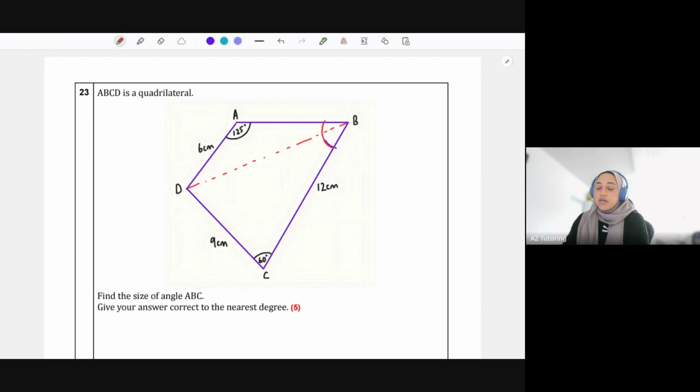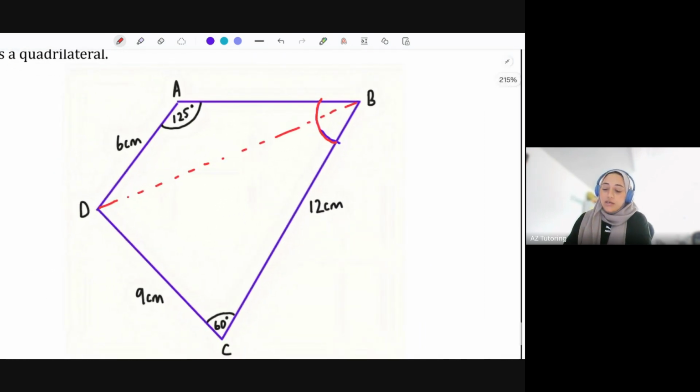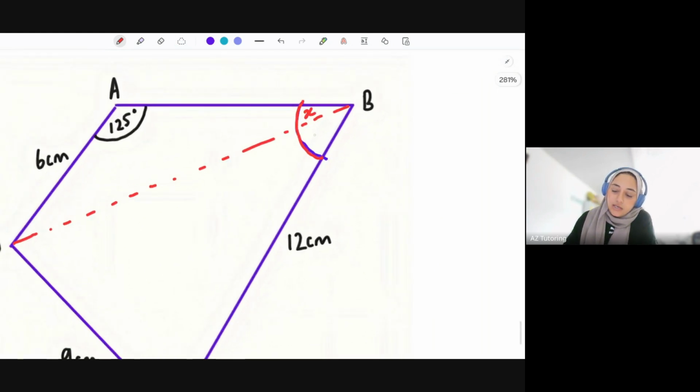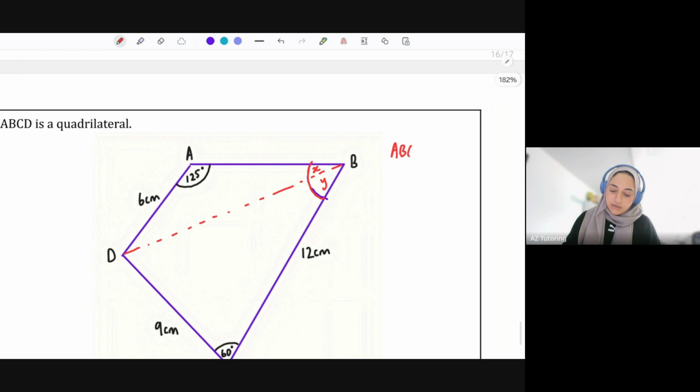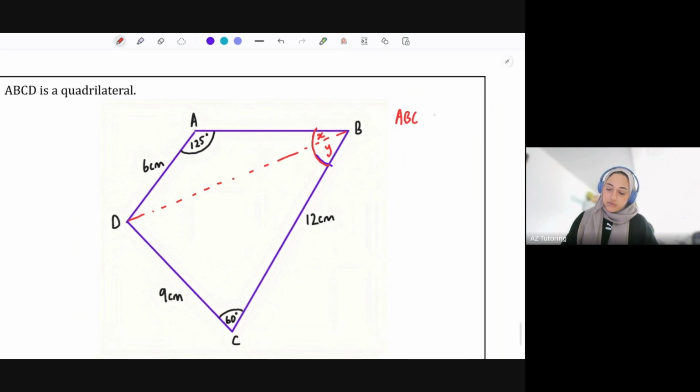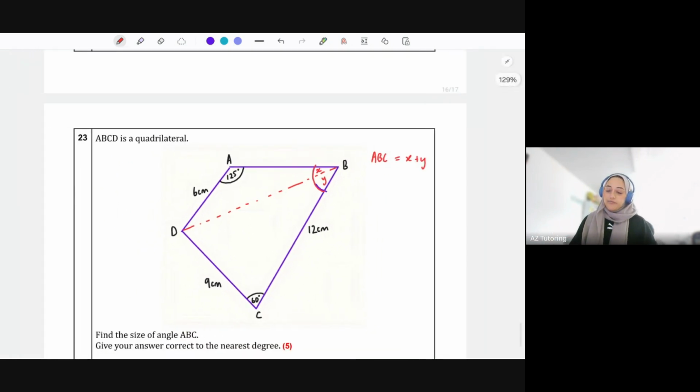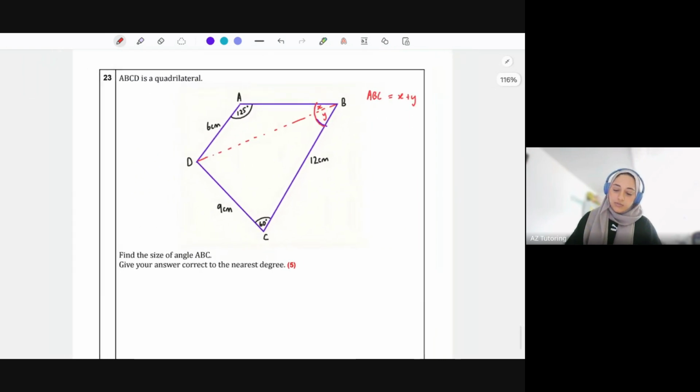So if I'm splitting the triangles like that, and I'm finding out the angle ABC, I need to find out this angle and this angle. So I'm going to call the top one X and then Y, and then angle ABC is just going to be X plus Y. So I'll find X and Y and then I'll add them together. So looking at these 2 triangles, I'm going to call this triangle 1 and triangle 2. Let's look at triangle 1.